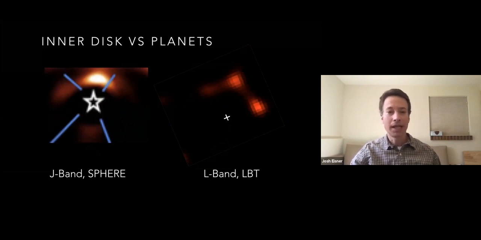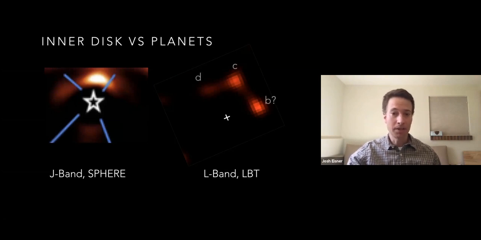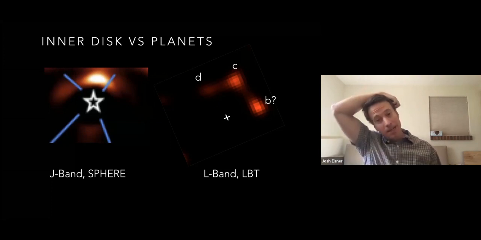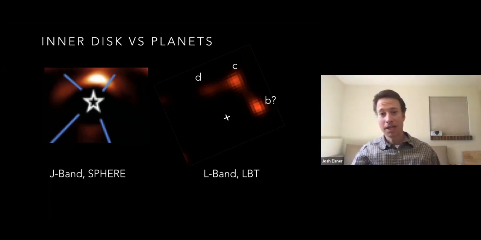Here's our image rotated to this epoch based on our orbital solutions. You can see that things line up quite well between the 2 images. C and D are both there. B is not present in our data at this epoch, and it's not present here either. For me, the big thing is that these are rotating, right?